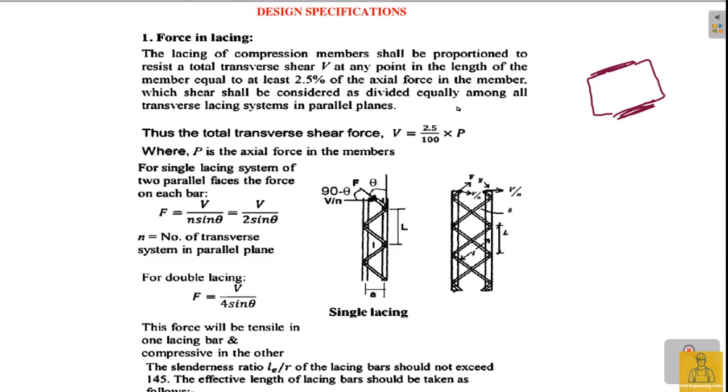Because of wind or external agents, there is going to be a transverse shear force exerted on this member, the built up column. This is the plane of lacing, and in this way a transverse shear force may be developing because of wind.